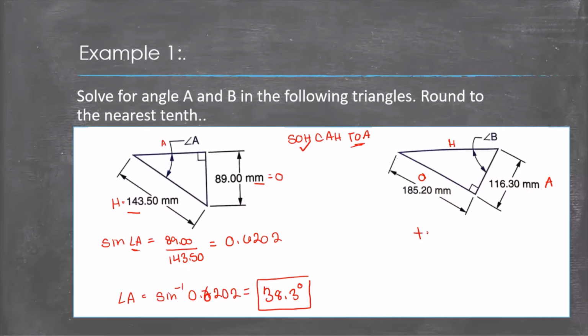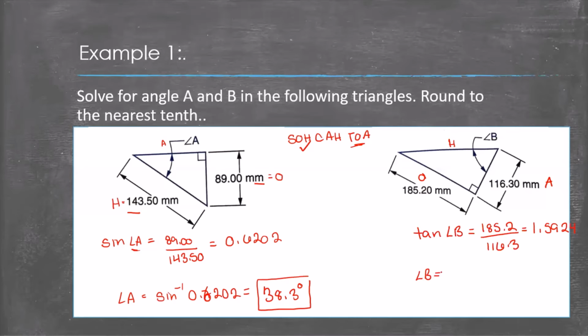So the tan of angle B is 185.2 divided by 116.3. Now that we have that in your calculator, you'll find out what that ratio is equal to: 1.5924.